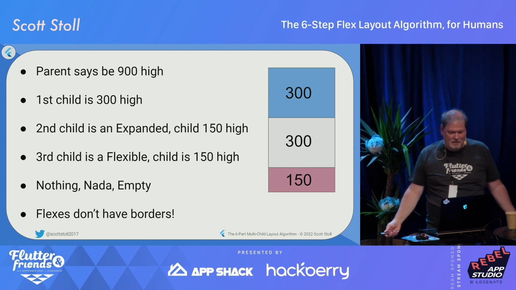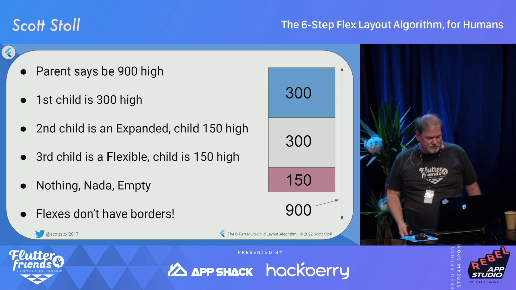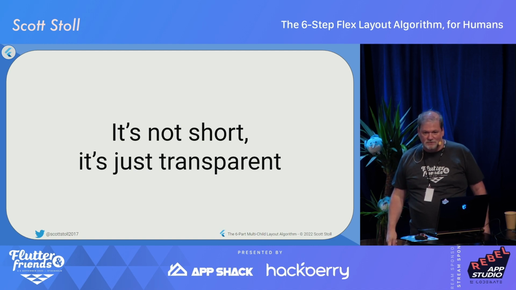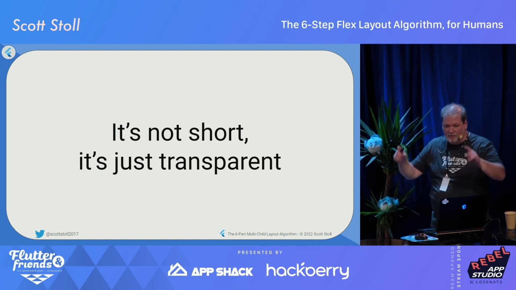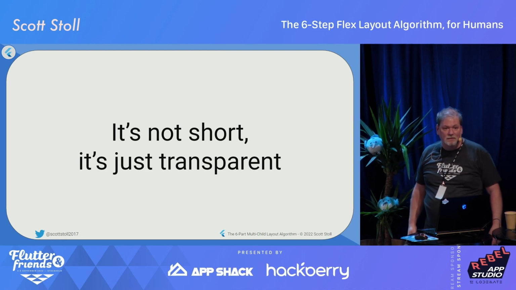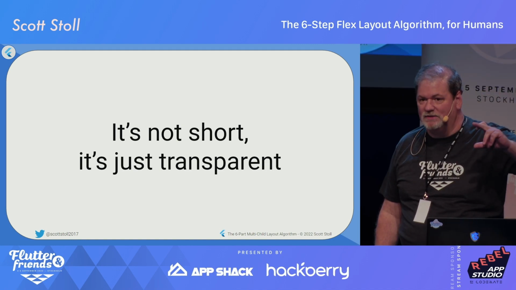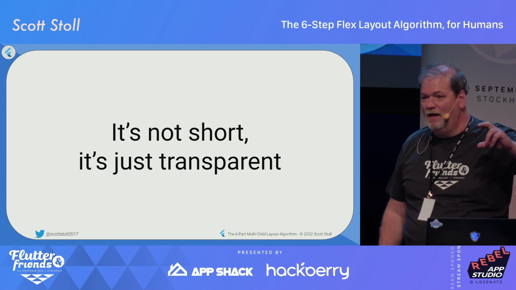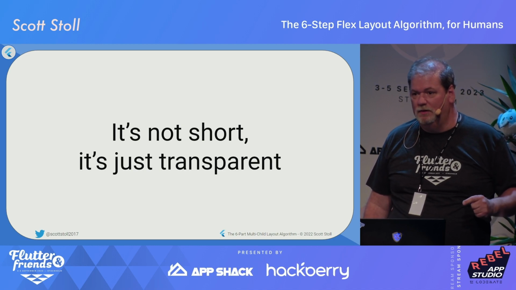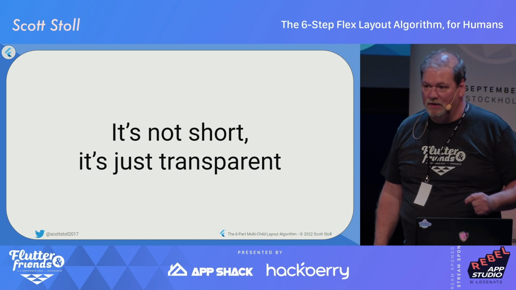The problem is not only do they not have borders, they're transparent, so you're seeing whatever's behind it. Without a border, it looks like it's short. So if you put a flexible and an expanded in the same flex, quite possibly the flex will not use all the space reserved for it, and it's going to look like your column is short, but it's really not.